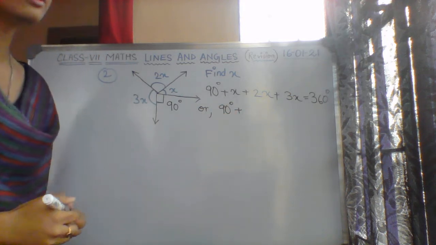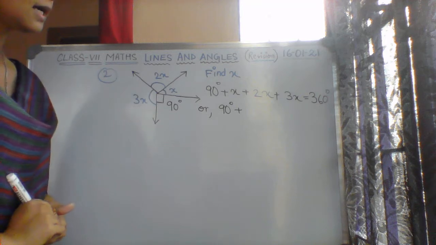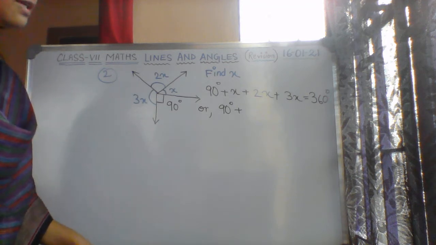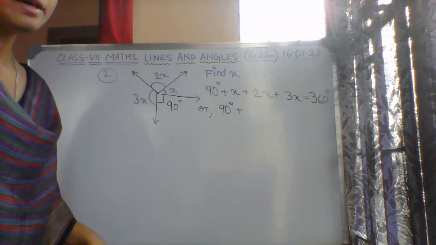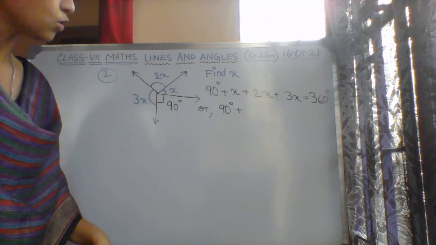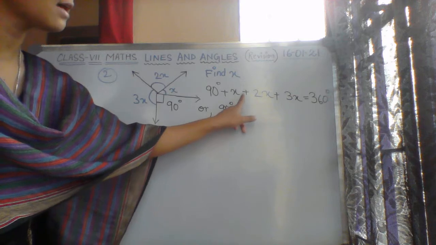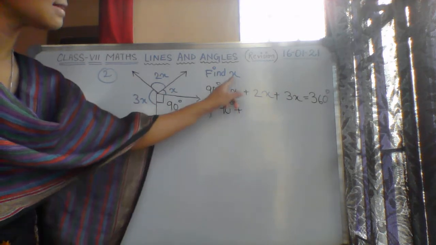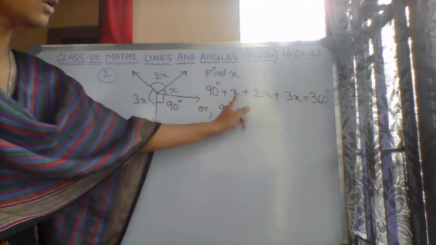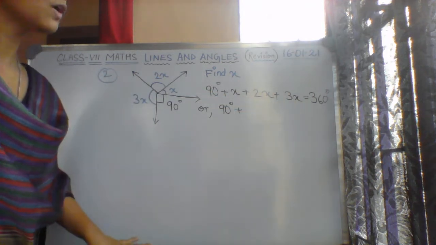Now you have learned in algebra, in the chapter on algebraic expressions, that like terms can be added and subtracted. Here we have the like terms x, 2x and 3x. They have the same variable and the same power, so we can easily add them.